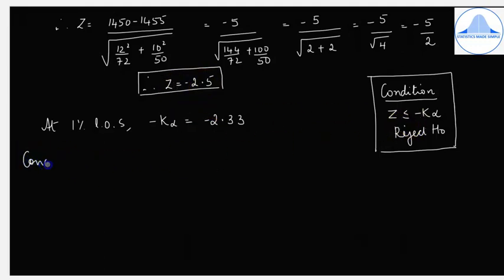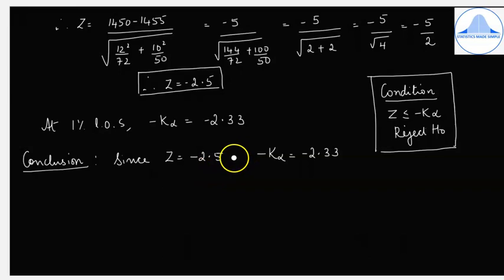So now coming to the last part of the problem, we will write the conclusion. So since Z is equal to minus 2.5 and you have minus K alpha is equal to minus 2.33, you see that minus 2.5 is actually lesser than minus K alpha, which is equal to minus 2.33.